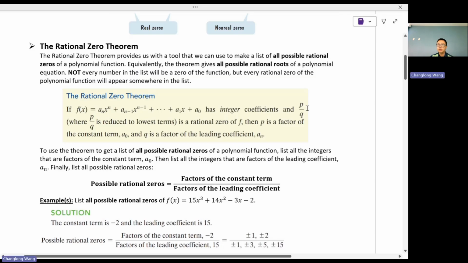What you have to do is you're going to get all possible factors of the constant and also all possible factors of the leading coefficient a sub n and divide them, and it will provide you all possible rational zeros. So you're going to have a whole list that you can do educated guess.